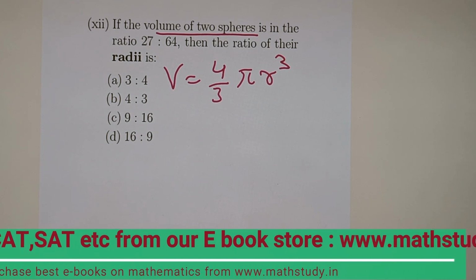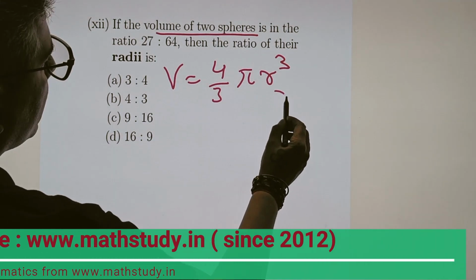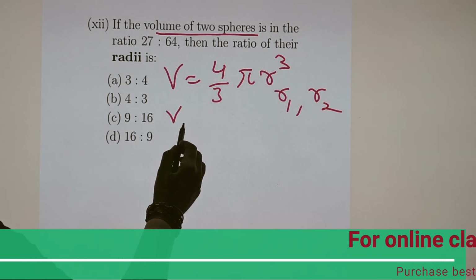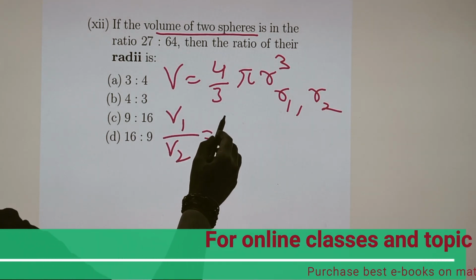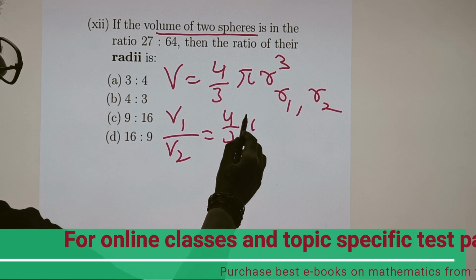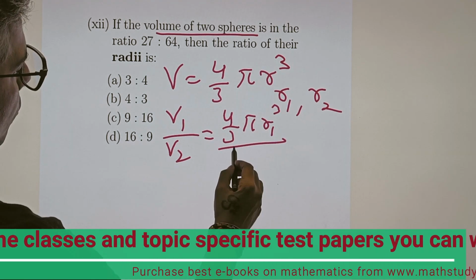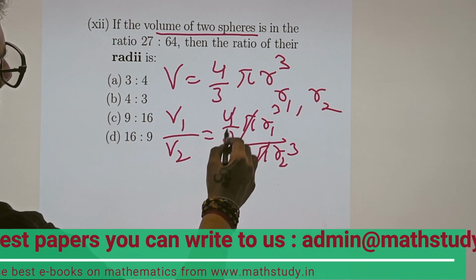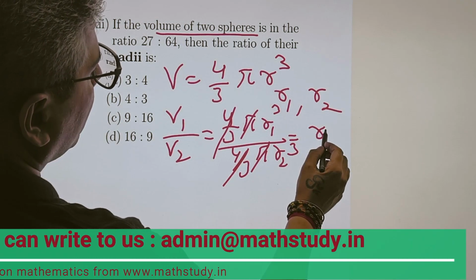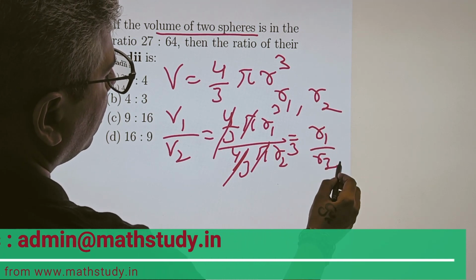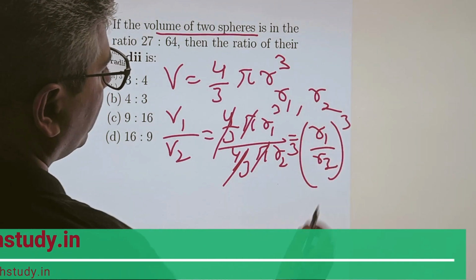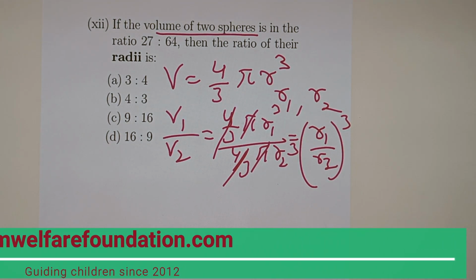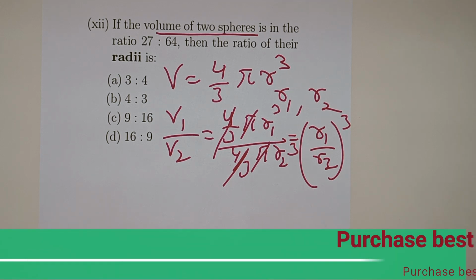Now let us say that the radius of the first sphere is r1 and the other one is r2. So the ratio v1 upon v2 is equal to 4 by 3 pi r1 cube upon 4 by 3 pi r2 cube. We cancel these terms, and we get r1 upon r2 whole cube. Now the volume ratio is given, volume 1 is 27 and the other is 64.